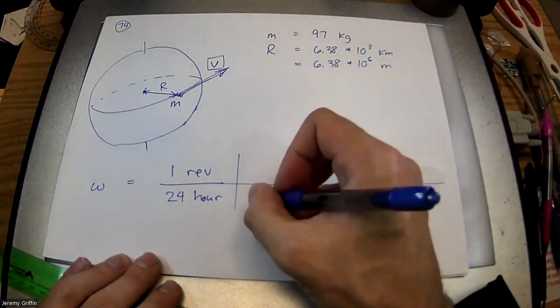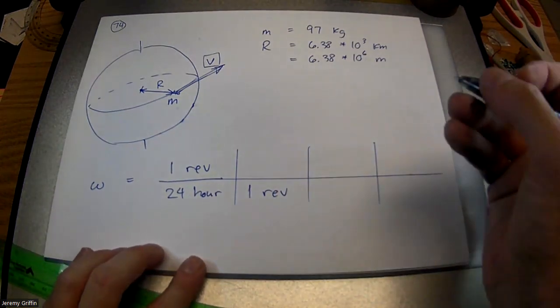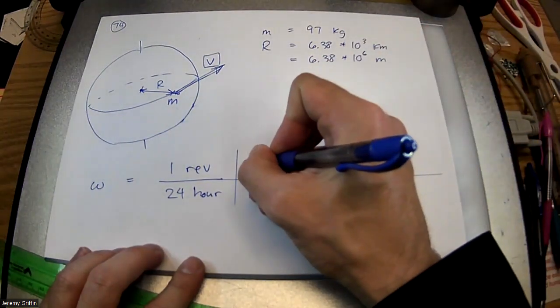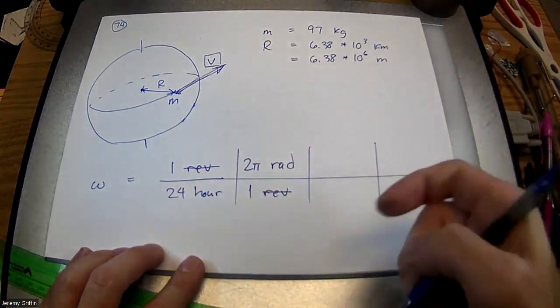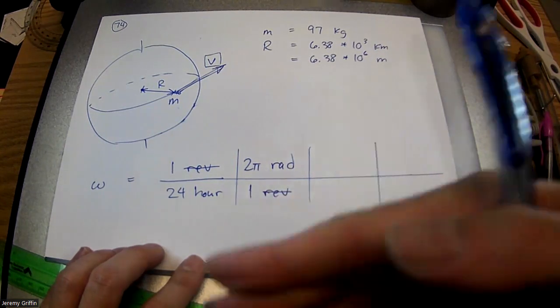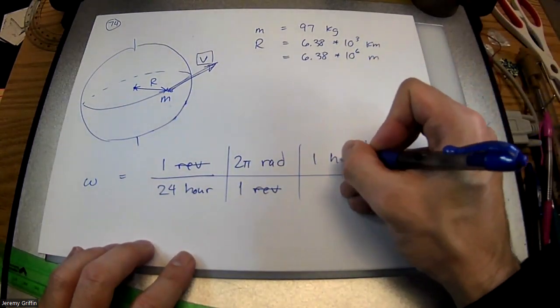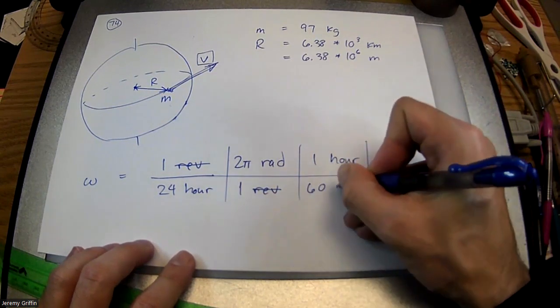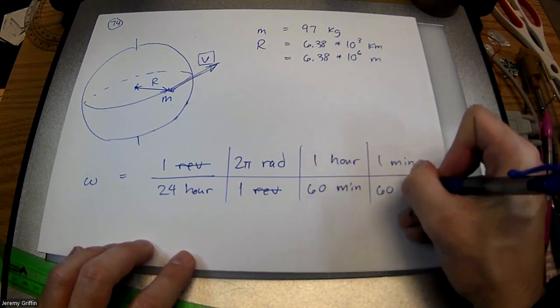So 1 revolution, how many radians is that equal to? That's equal to 2 pi radians. Okay, so now we have radians per hour. We want radians per second. Is 1 hour 60 minutes and 1 minute 60 seconds?